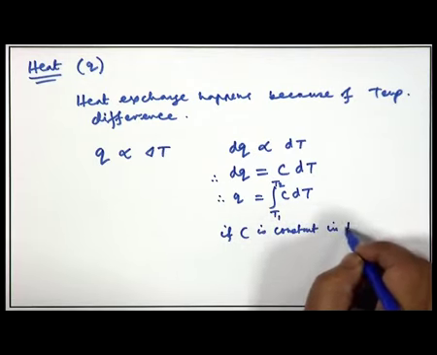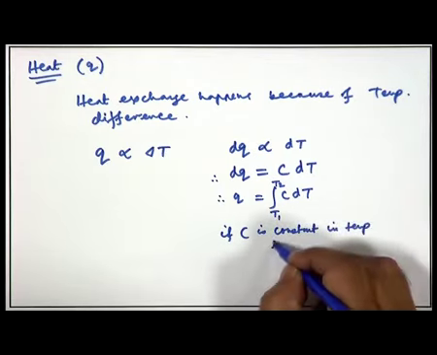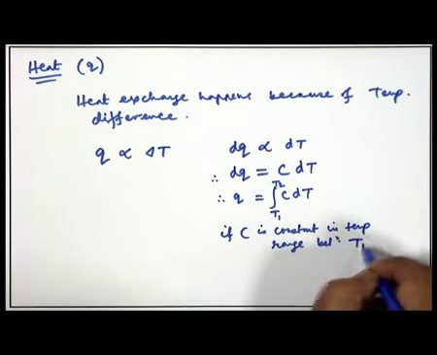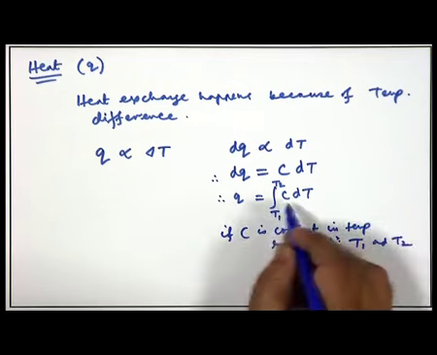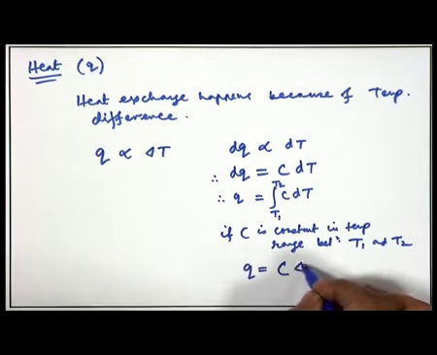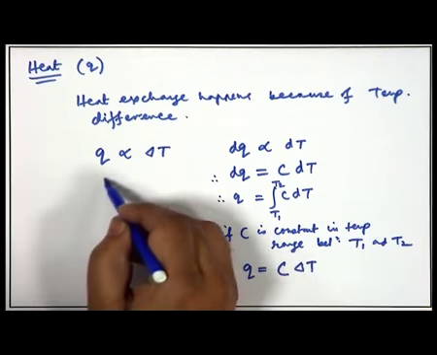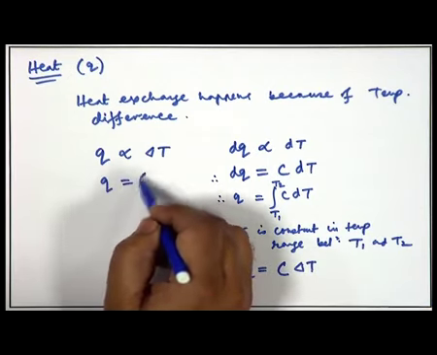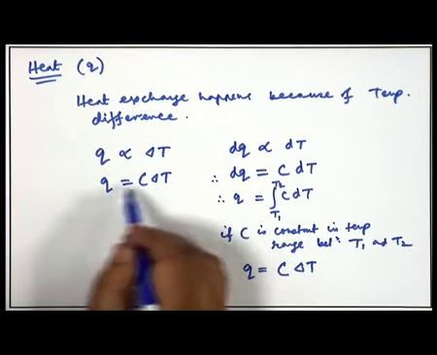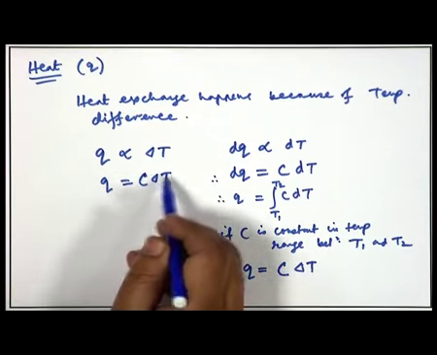in the temperature range between T1 and T2. Then we can take this out of the integral, and it will be C del T, which is giving us the same value C del T. That is only in case C is not dependent on the temperature.